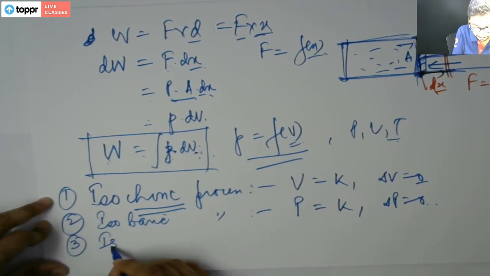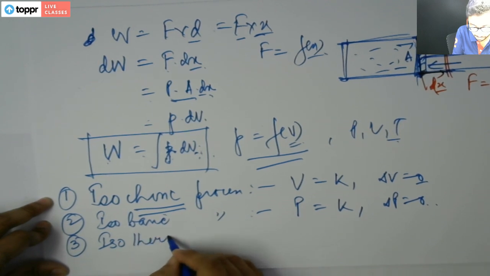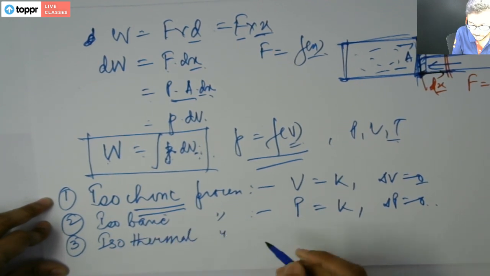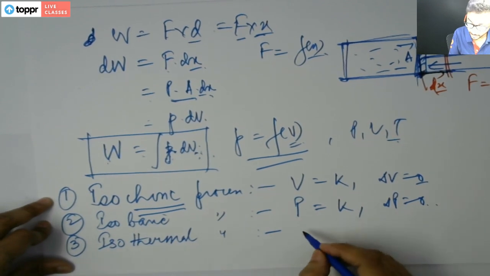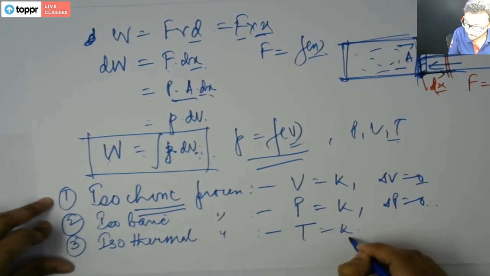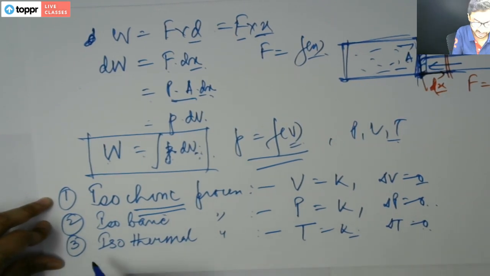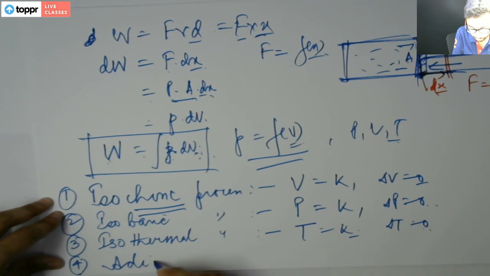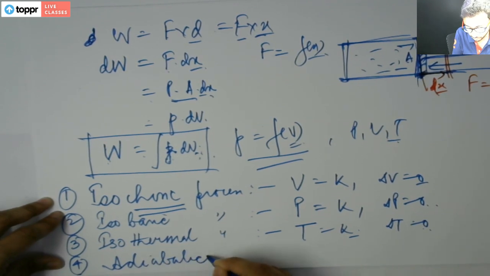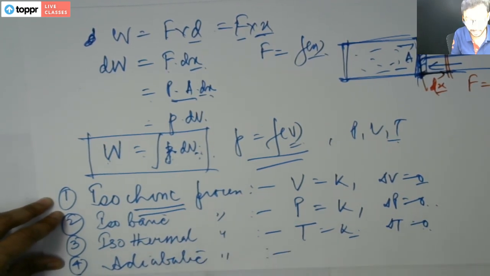3. Isothermal process, when temperature equals constant, that is no change in temperature. 4. Adiabatic process.